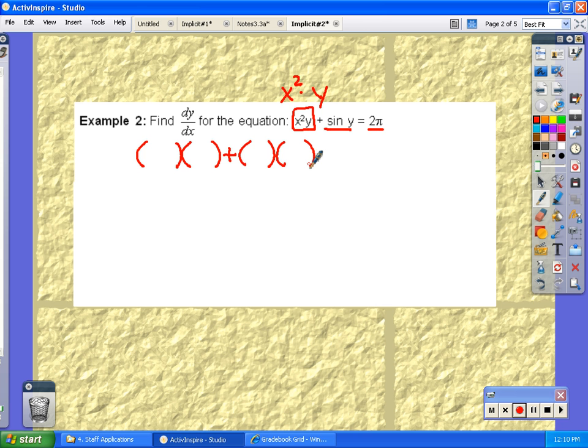So this would be f prime, which would be 2x, g would be y. You don't need to multiply that by dy over dx. Then you do g prime, which is dy over dx, times f, which is x squared, plus, now I'm doing the derivative of the sine.